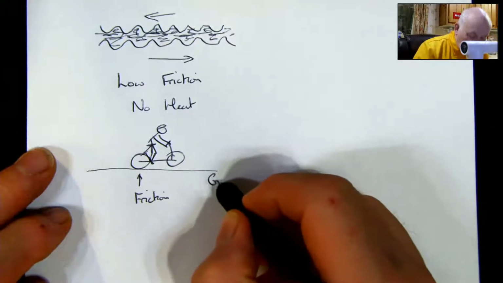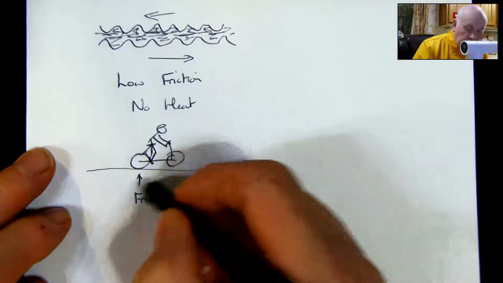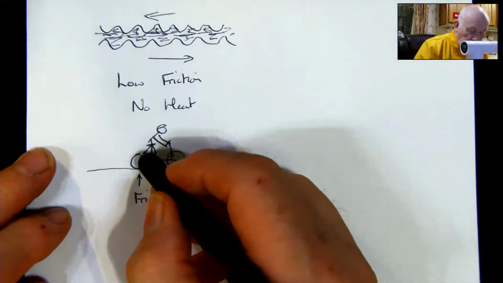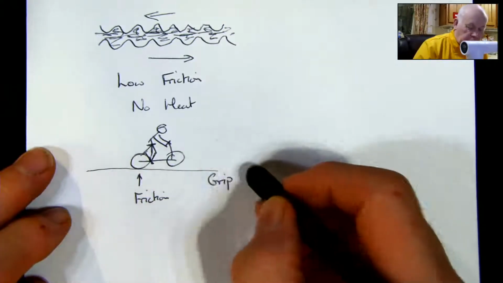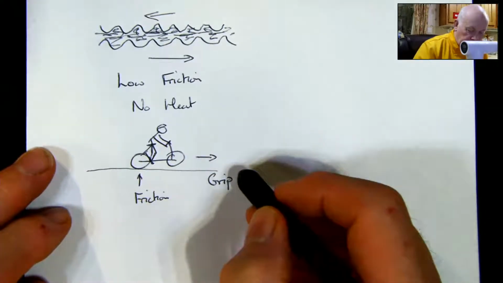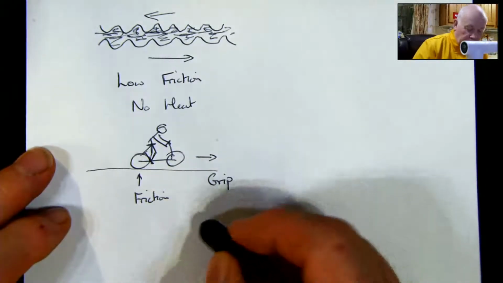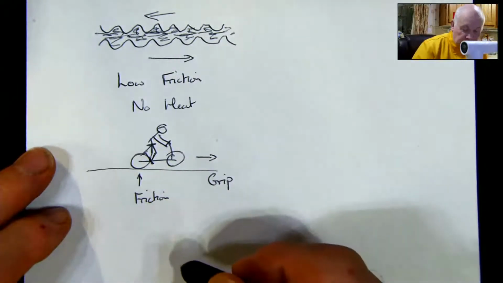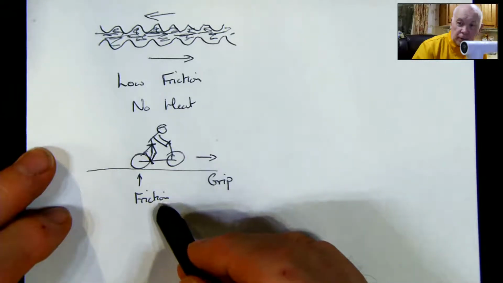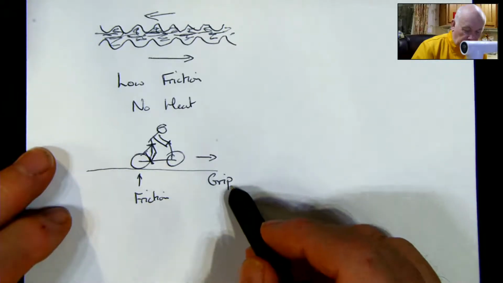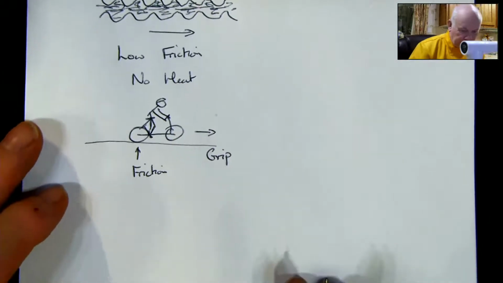Here, there's going to be a lot of grip, and the wheel is going to allow the bicycle to move forward. If we do exactly the same experiment, but we do it on ice, then the friction's going to be low, there's going to be no grip, and you're not going anywhere.